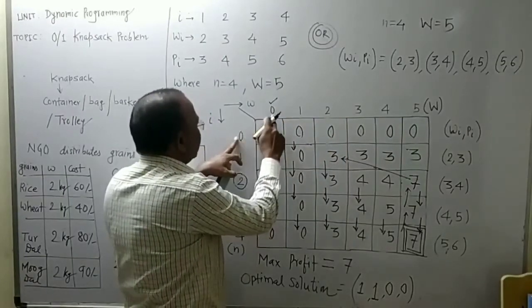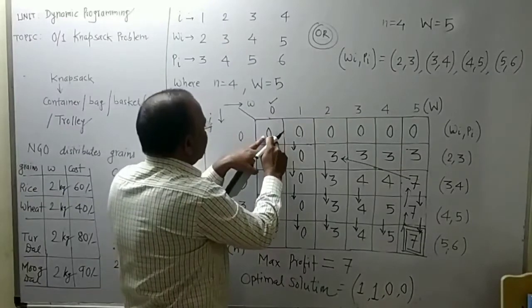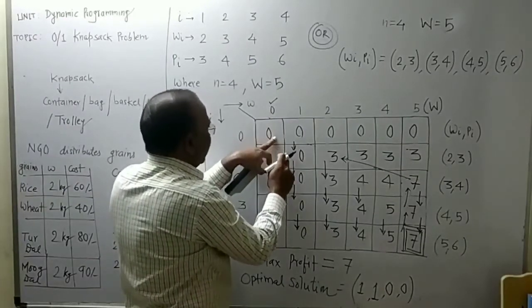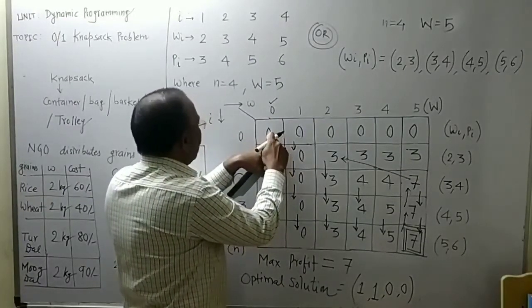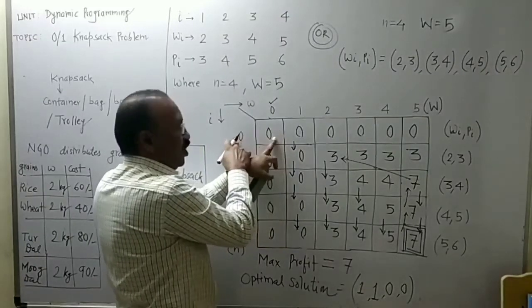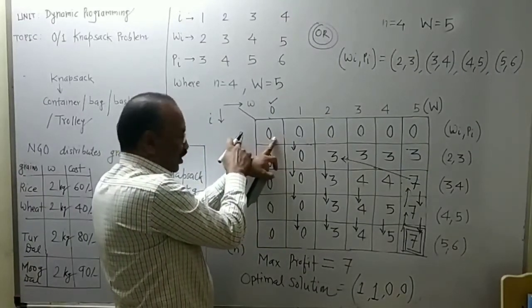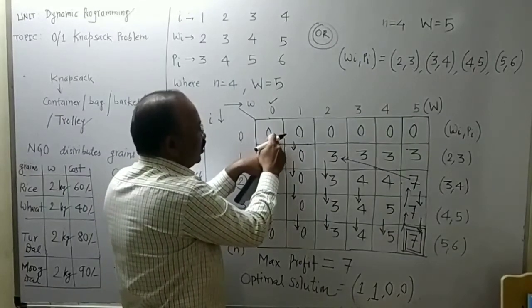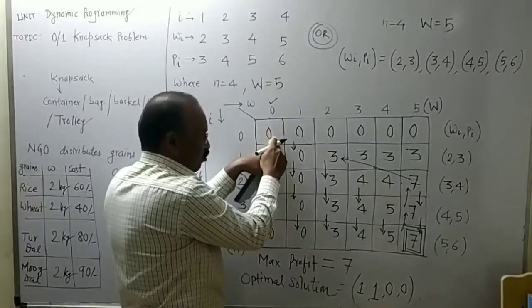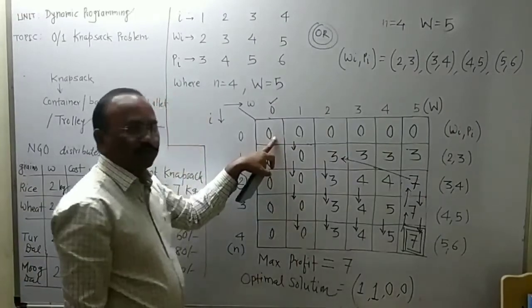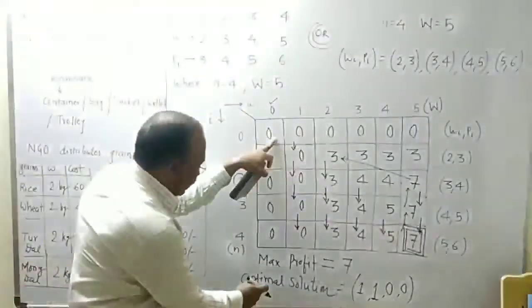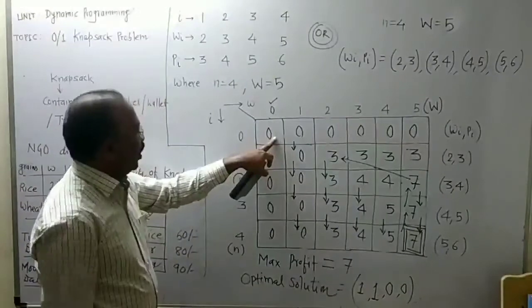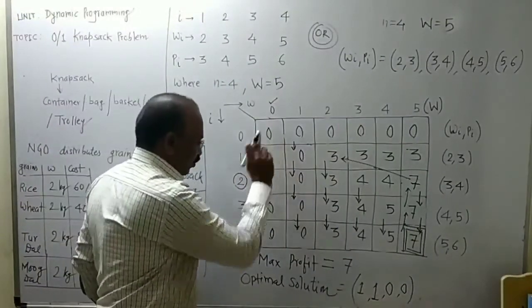In the 0th row and the 0th column you will get the value 0. Okay, now at this position we have got i equal to 0. If i is equal to 0, it means that we have to stop the process of calculating the optimal solution. Now here is the end of the process.